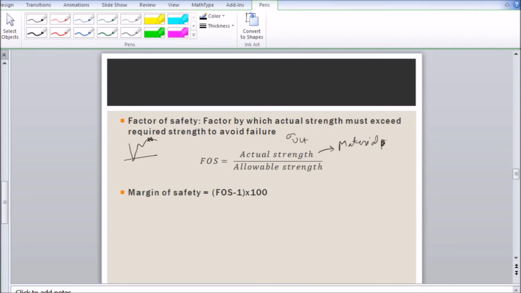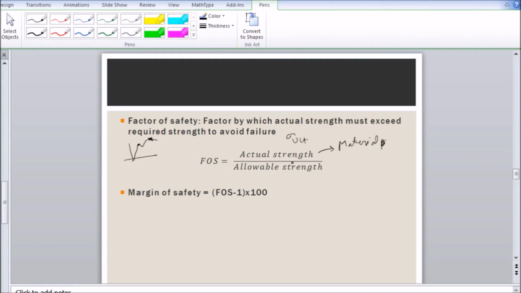If we are considering the design criteria by ultimate strength, then we should take actual strength as this. If we are considering design criteria as yield strength, this will be the actual strength. Depending on which design criteria, we will discuss design criteria in the next class. Presently, just remember, depending on the design criteria, we will select what is the actual strength.